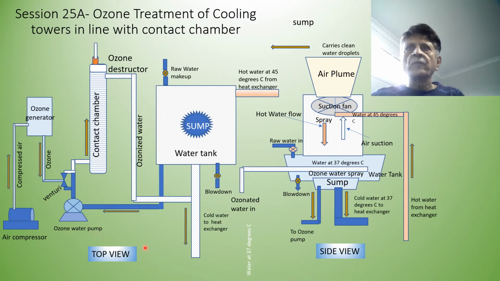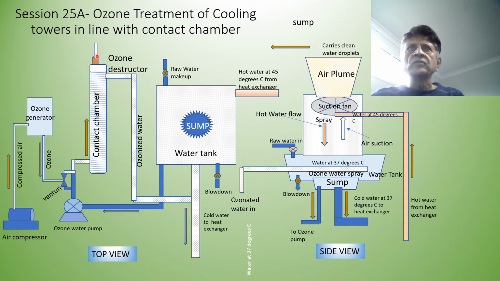This is the top view of the ozone treatment system. As you see, the air compressor gives compressed air, oil-free and moisture-free, back into the venturi. The ozone water pump draws out from the tank back into the contact chamber. Ozone goes through the venturi, mixes well.